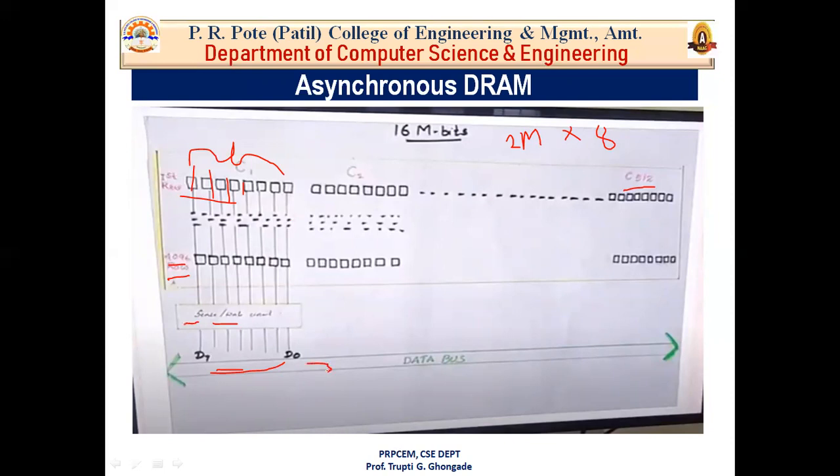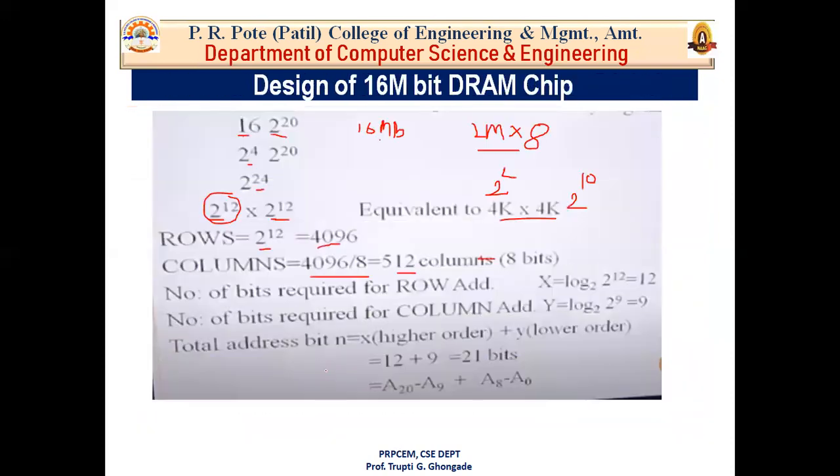Now we have to see how many bits are required for representing the row address. Obviously, we have to write the address. Let's say x is log base 2 of 2 to the power 12.